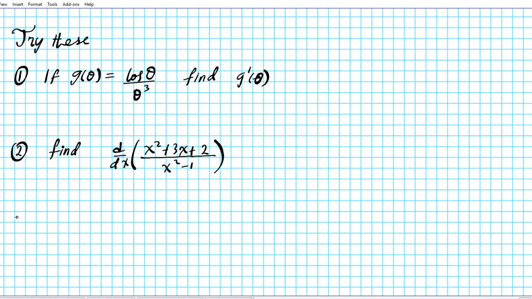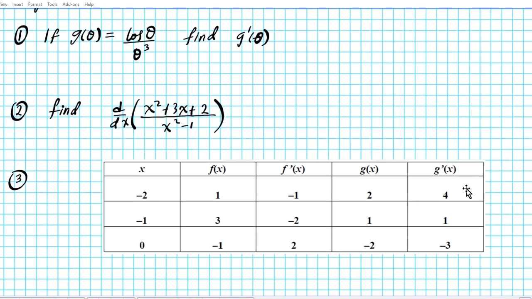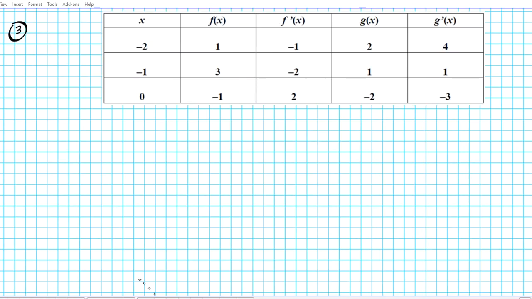And then lastly, this will involve using a table. Given this table right here, if uppercase F of x is equal to 3x plus cosine x, this table is the same one as the previous problem, divided by f of x.